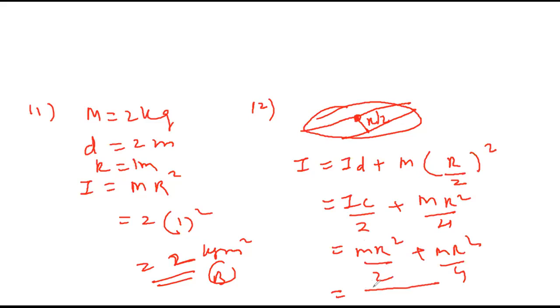This is 2 plus 1, so 3 MR square by 4. 3 by 4 MR square is the moment of inertia. Yes, sir. Done.